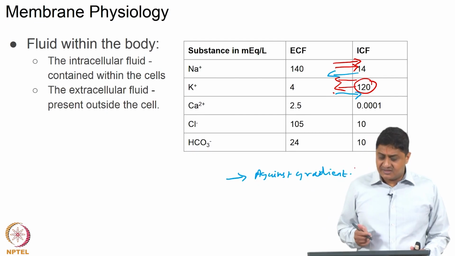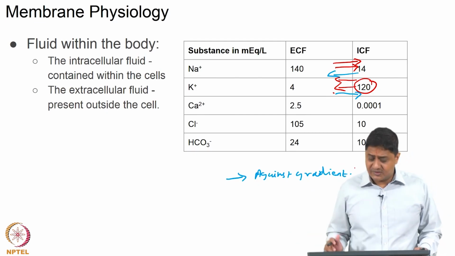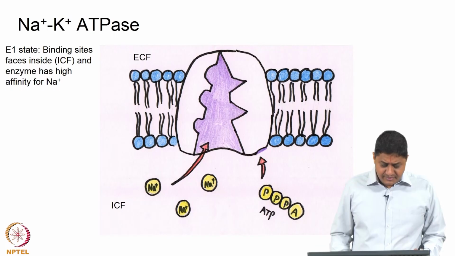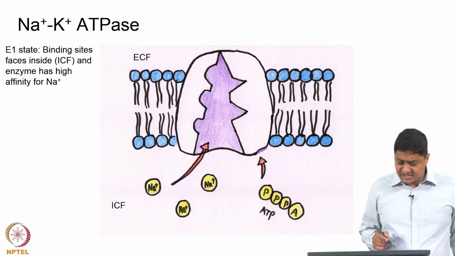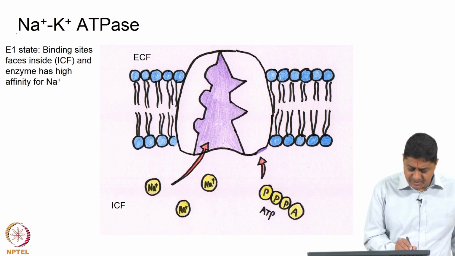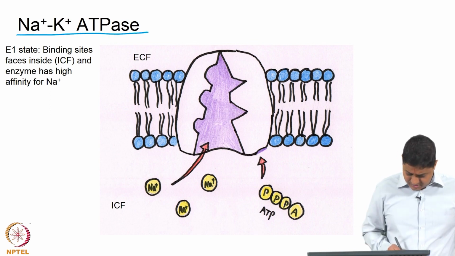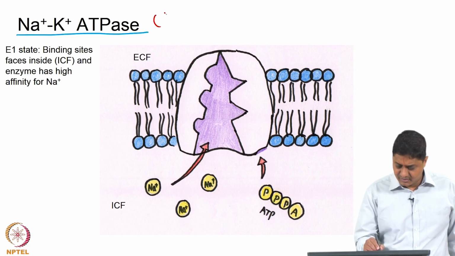How is this achieved? That is the question. That is what we will see in the next few slides. This is achieved by a transmembrane protein called the sodium potassium pump, or the sodium potassium ATPase.